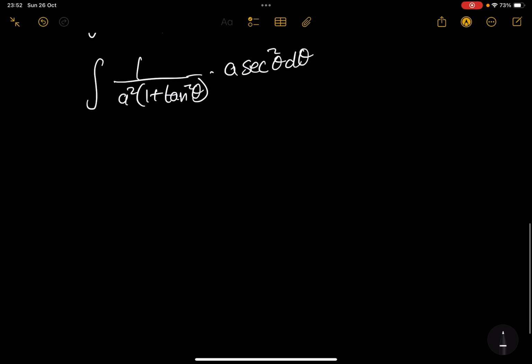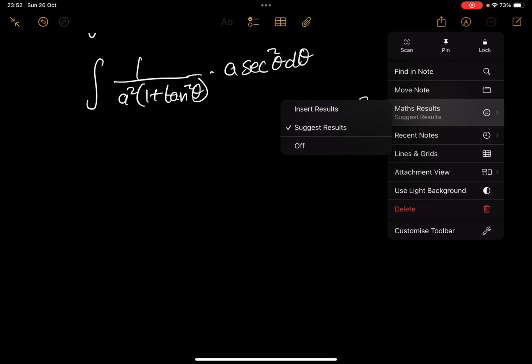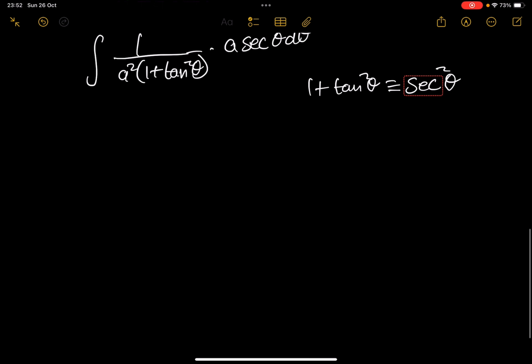Here we know the identity 1 plus tan squared theta is equivalent to sec squared theta, so we are going to substitute sec squared theta here based on that identity.